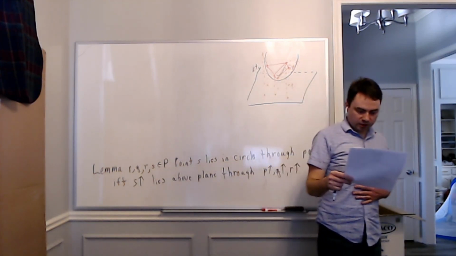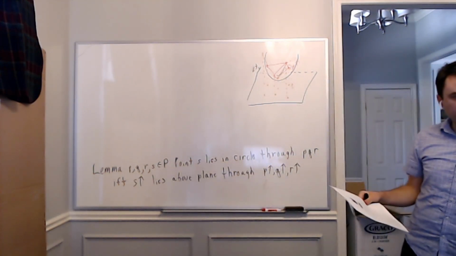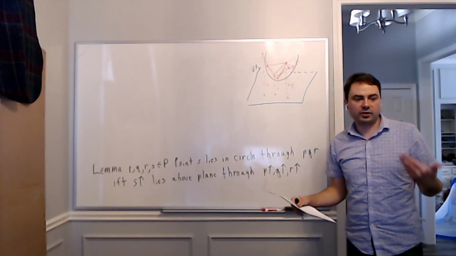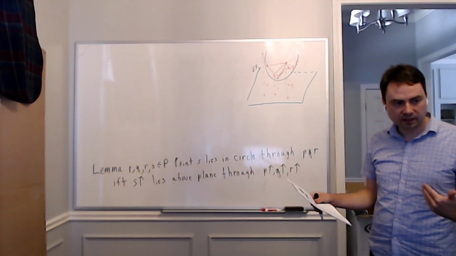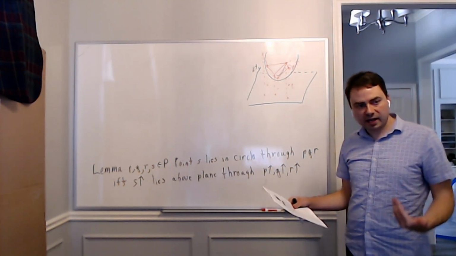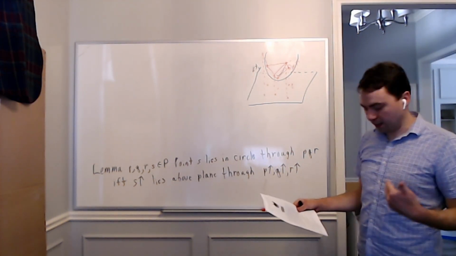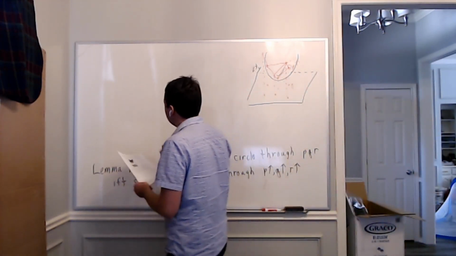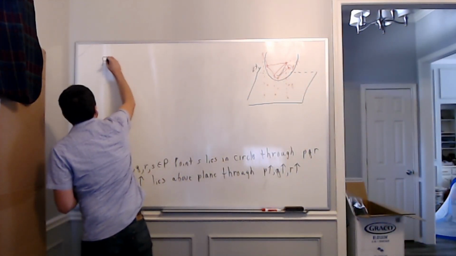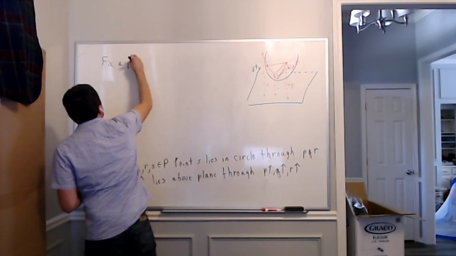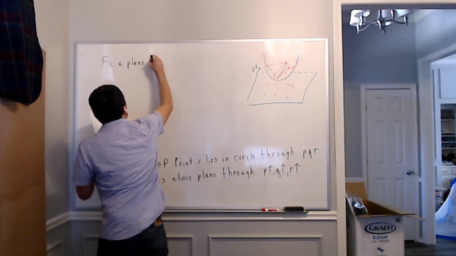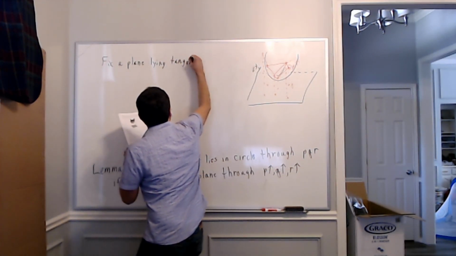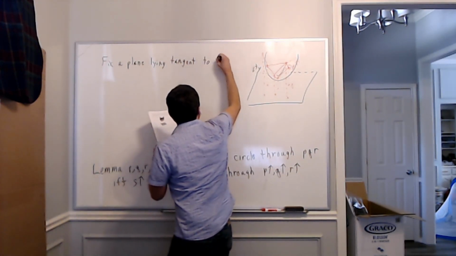Okay, so what we're going to do is consider some arbitrary but not vertical plane in 3D that lies tangent to the paraboloid and ask, well, what's going on with that plane? So fix a plane lying tangent to the paraboloid.